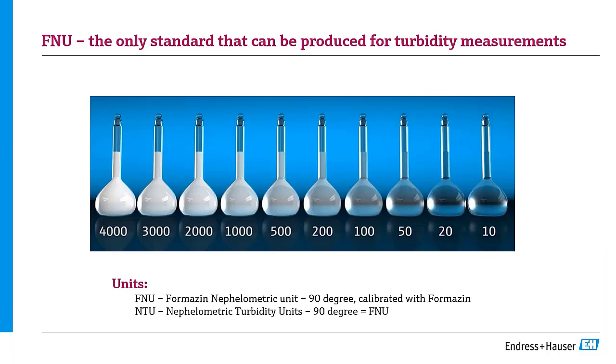Now you might be asking yourself, why use formazine? Formazine is one of the few molecules where we can repeatedly and easily control the turbidity levels through a series of dilutions, as you can see right here. Formazine forms these little spheres, and you can very consistently replicate the different turbidity levels.